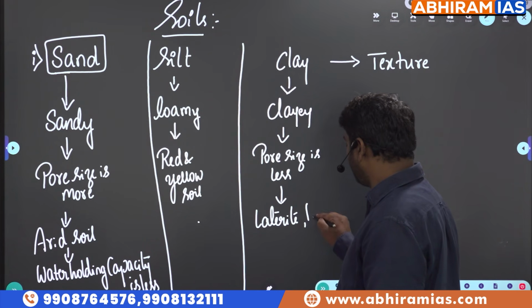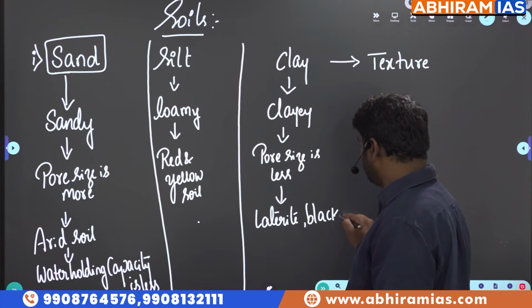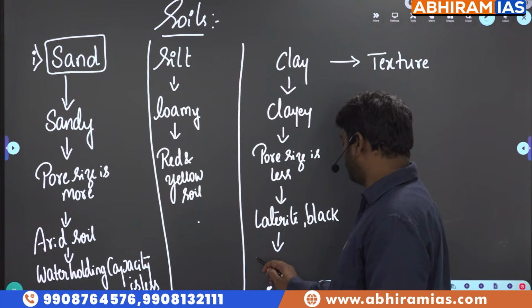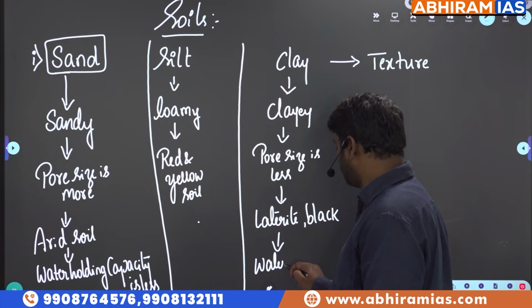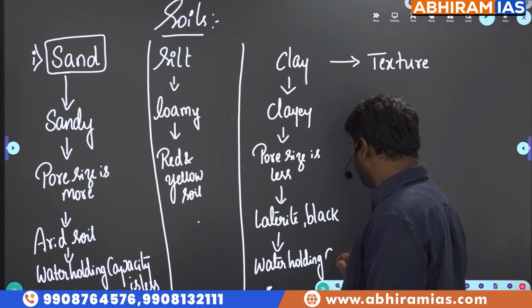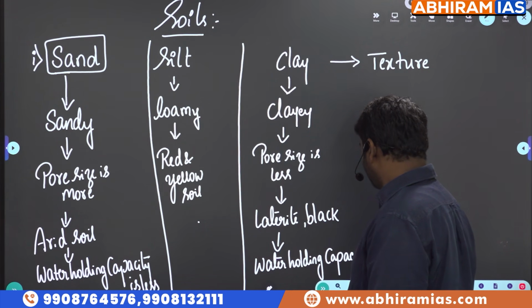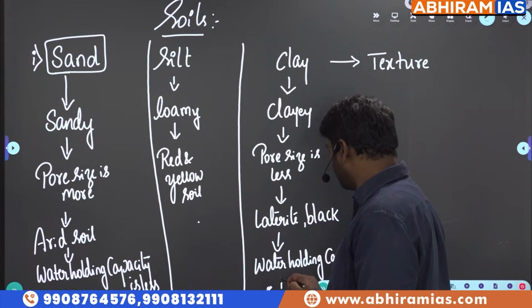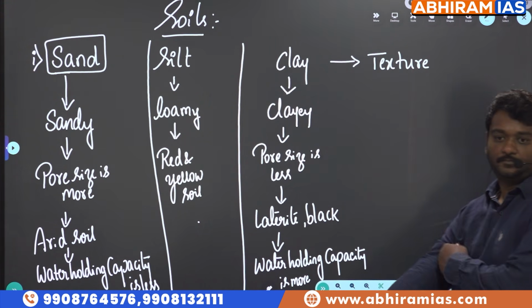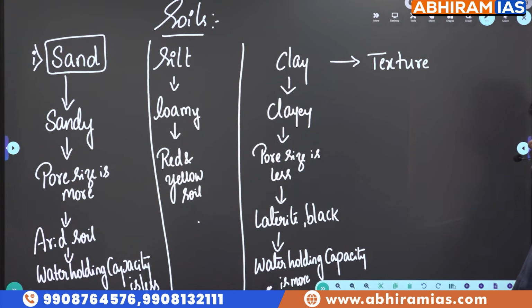Laterite soil in India, black soil. These two come under clayey soil. Water holding capacity is more. Okay, so you have sand, silt, clay.